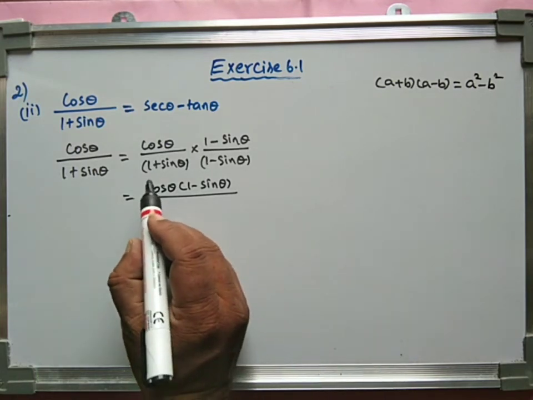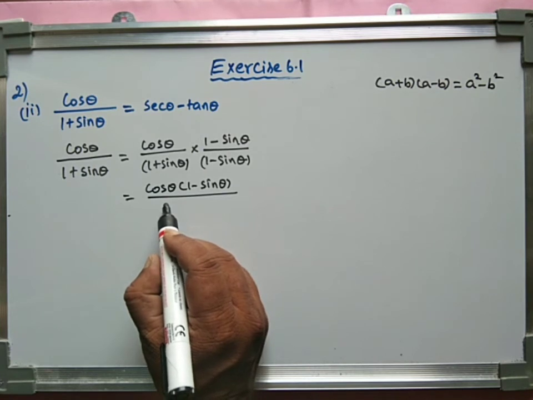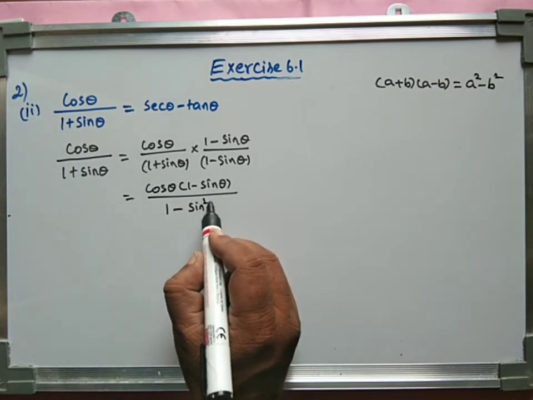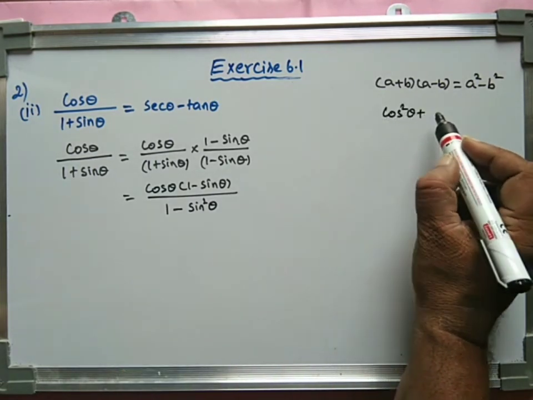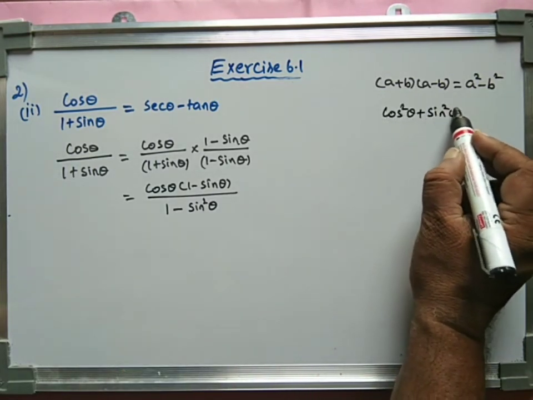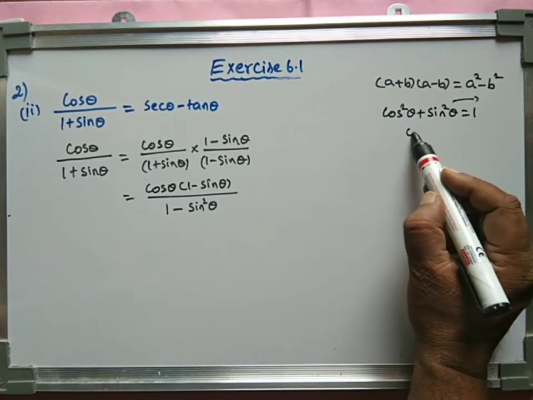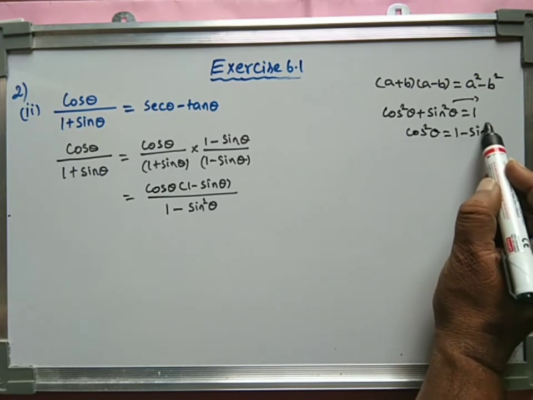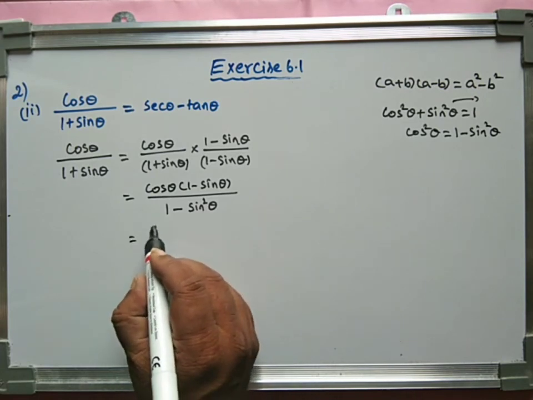So here 1 plus sin theta into 1 minus sin theta will become a square, that is 1 square, minus b square, that is sin square theta. Now we have the identity cos square theta plus sin square theta equals 1. Now take sin square theta to RHS. So we get cos square theta equals 1 minus sin square theta.